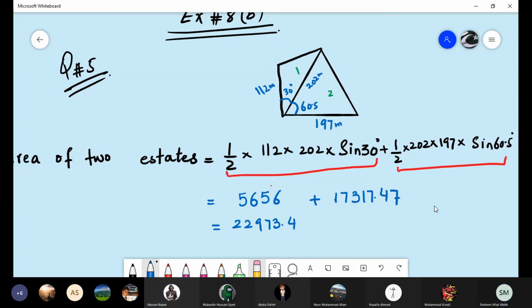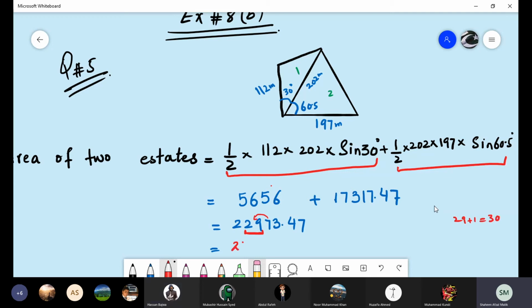22,973.47. But because we are rounding off our answer up to three significant figures, see the third digit is 9, the second and third are 29, and the fourth one is 7. If this is 7, when we add one to this 29, it becomes 30.